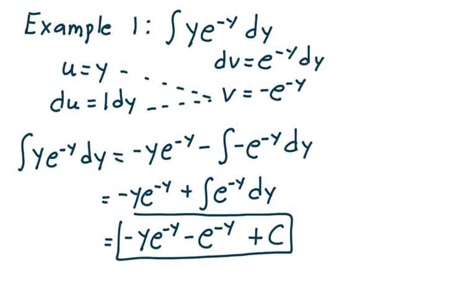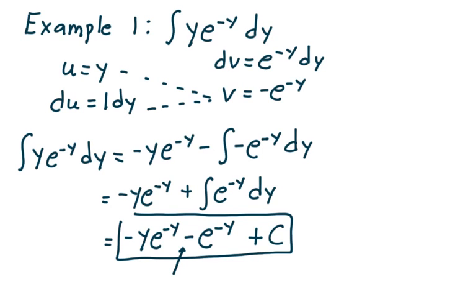So again, notice the integral of e to the negative y dy is e to the negative y divided by negative 1, and that's where I'm getting that minus from. Okay, and that's how we do example 1. And one thing I want you to notice is how this integral here is much simpler than the original. So that meant choosing u to be y was very ideal.